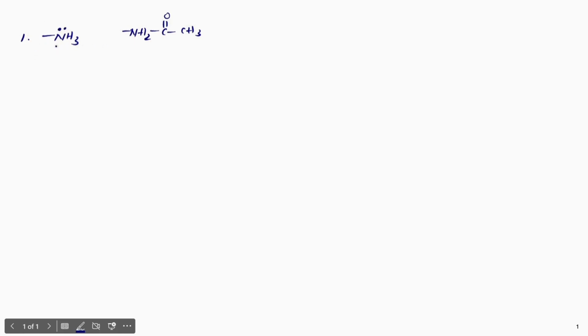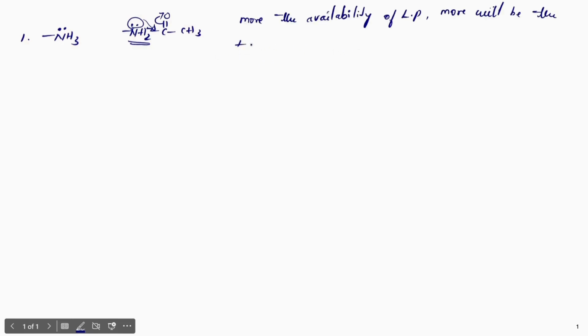Nitrogen has a lone pair of electrons in both. In NH3 the lone pair is not involved in any conjugation, but in the other this lone pair is involved in conjugation. Therefore, the availability of the lone pair is less. The more the availability of the lone pair, the more the positive mesomeric power.